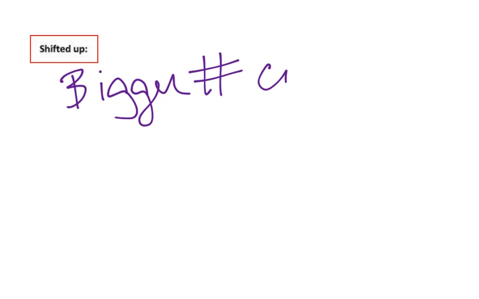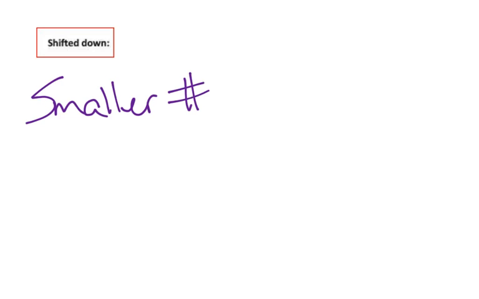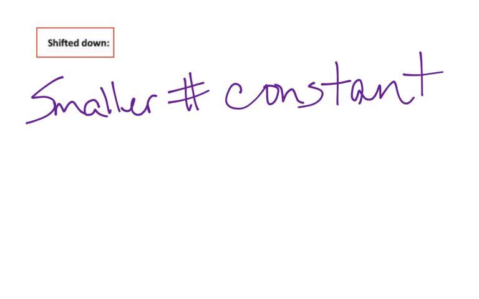And so the way we would cause that to happen on our equation is we would have a bigger number for your constant. Remember, your constant is usually at the end of the equation. Shifted down would be like a move down, and so we need a smaller number for the constant, which is usually at the end. Remember, the constant does not have a letter with it.